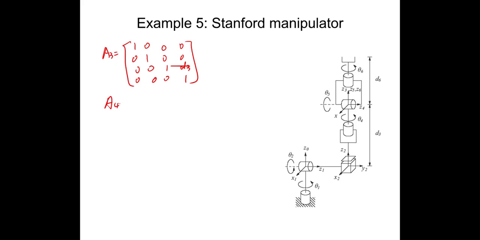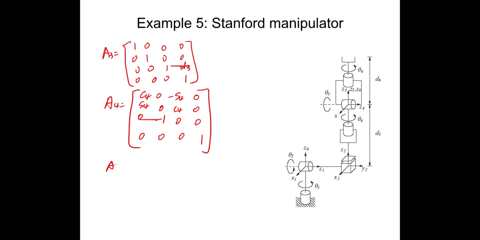And my A4, based on my calculation, is C4, S4, 0, and the last row is 0, 0, 0, 1, and here is 0, 0, negative 1, and this is negative S4, and C4, 0, and 0, 0, 0.